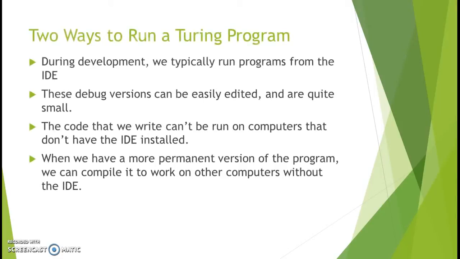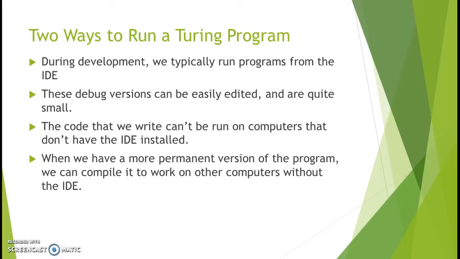Okay, so there's two ways to run a Turing program. And most commonly, we're going to run the program from the IDE. When we're doing development, that's usually going to be the way we'll work. And essentially all we're doing is testing debug versions.